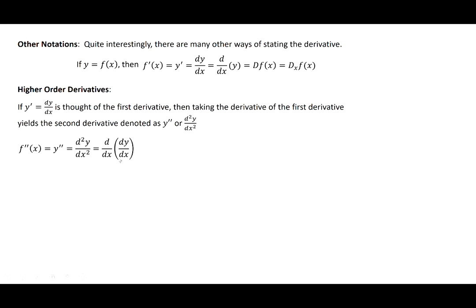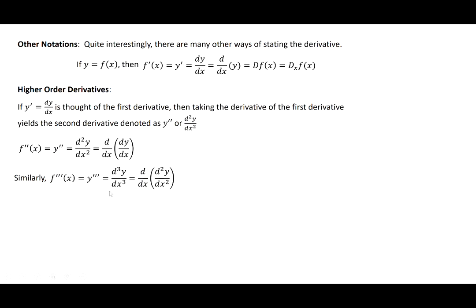If you are given a y, how do you find the second derivative? First find the first derivative dy dx. And then find the derivative of whatever you got with respect to x again. D dx of what you got. That's how you find the second derivative. Cool. And we can talk about f triple prime of x, f to the fourth prime, fifth prime.